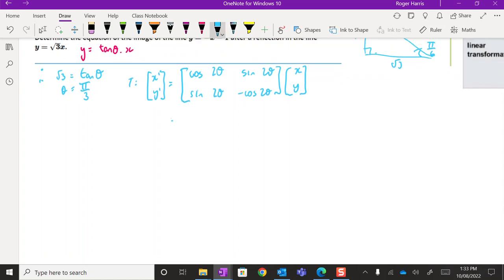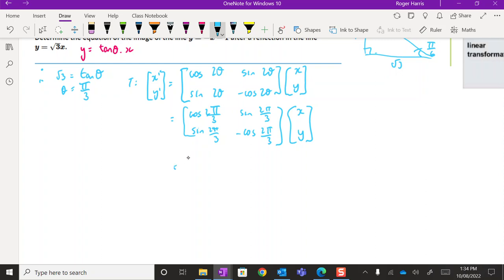So this is going to be the same as cos double the theta: cos 2 pi on 3, sine 2 pi on 3, sine 2 pi on 3, negative cos 2 pi on 3, times x and y. Okay, so get those as values.